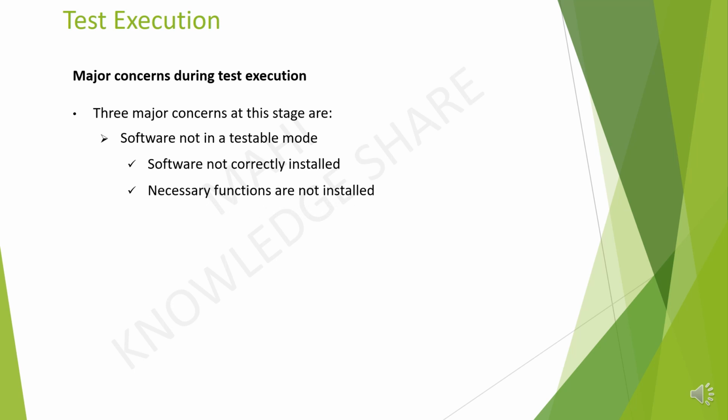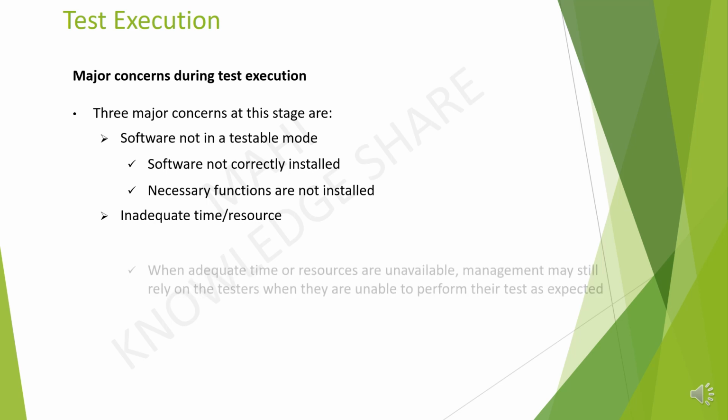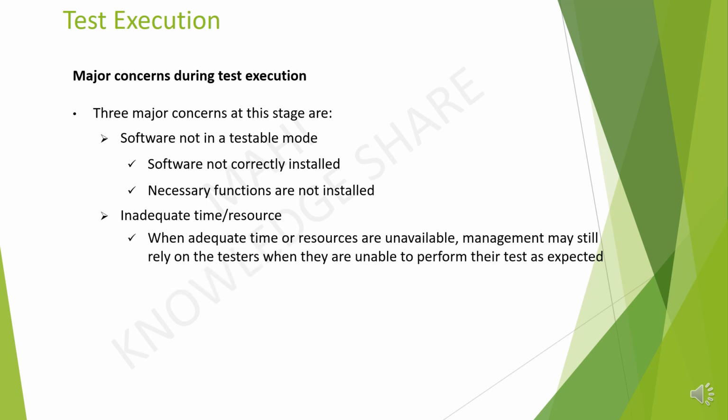The second major concern is inadequate time and or resource. When adequate time or resources are unavailable, management may still rely on the testers when they are unable to perform the test as expected. And the third major concern is significant problems will not be uncovered during testing.